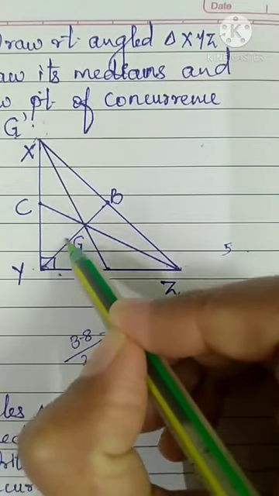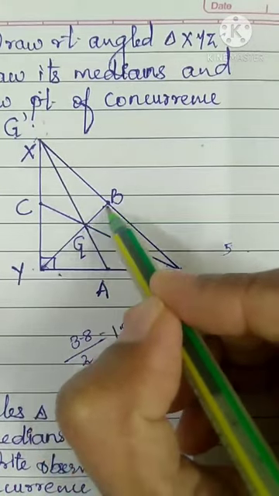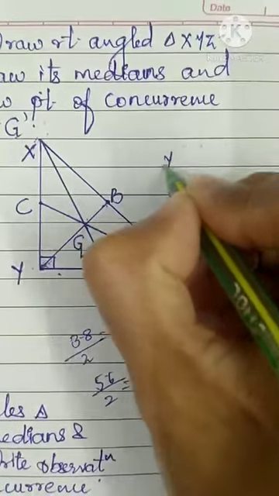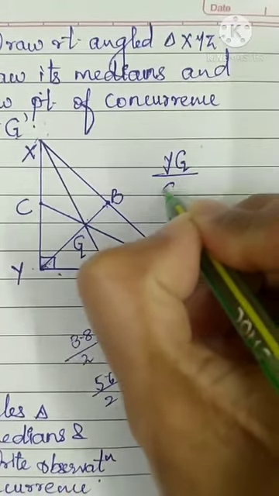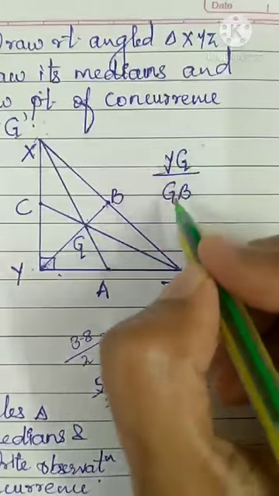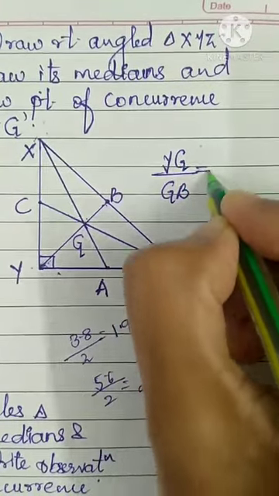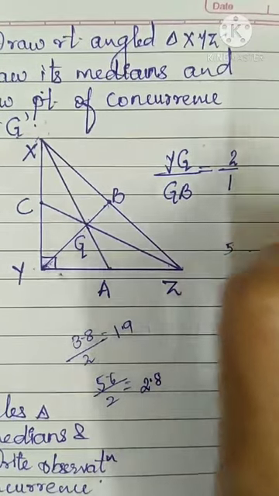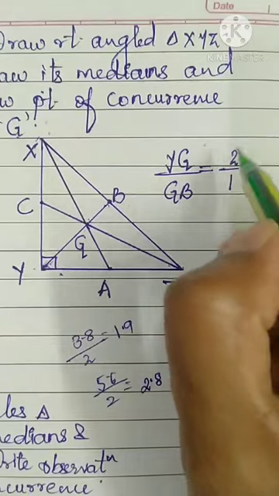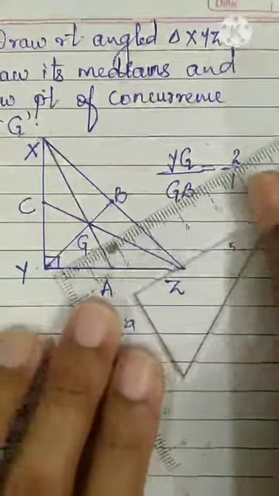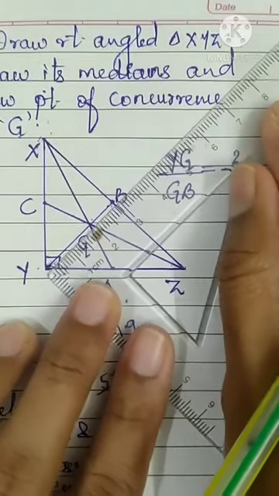So suppose I start with vertex Y. If I measure YG and GB, YG upon GB, if I find out the length of these two, I will always get the ratio as 2:1, 2 upon 1. Okay, 2:1. We can check for one example here.